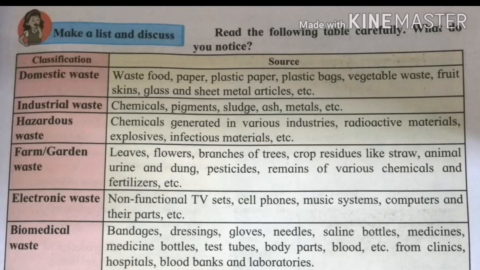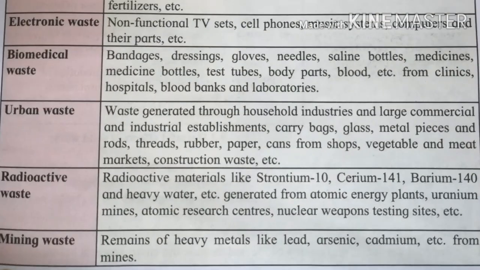Urban waste: waste generated through household industries and large commercial and industrial establishments, carry bags, glass, metal pieces and rods, threads, rubber, paper, cans from shops, vegetable and meat markets, construction waste, etc. Radioactive waste: radioactive materials like strontium-90, cerium-141, barium-140 and heavy water, etc., generated from atomic energy plants, uranium mines, atomic research centers and nuclear weapons testing sites.